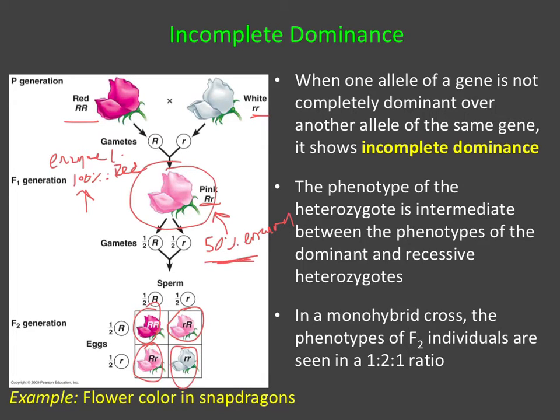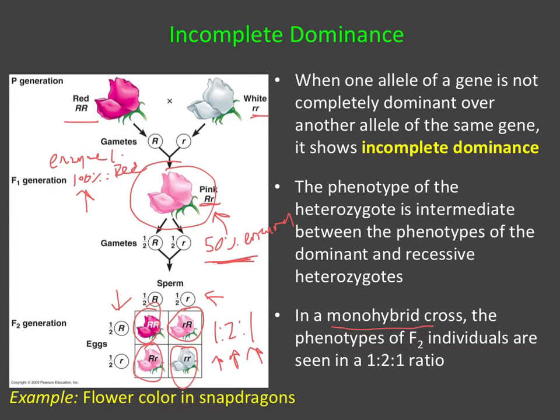So incomplete dominance simply means that the phenotype is an intermediate phenotype. This is very similar to the idea of blending inheritance. In a monohybrid cross, if you have two heterozygote F1s, Rr and Rr, you're going to end up with a 1 to 2 to 1 phenotype ratio: 1 red, 2 pink, and 1 white.